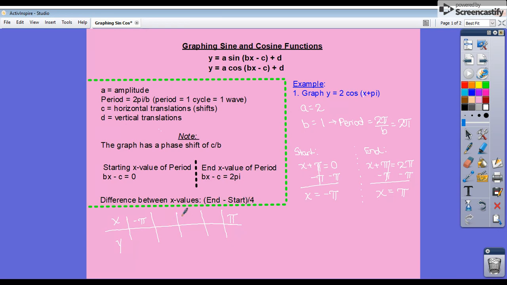That makes sense because if you have 5 points, there are 4 equal spaces between them. So to find the difference, I'm going to take pi minus negative pi, over 4. Pi minus negative pi, these two negatives become a positive, which gives me 2 pi over 4, which is just pi over 2. So this is the difference between each x value.